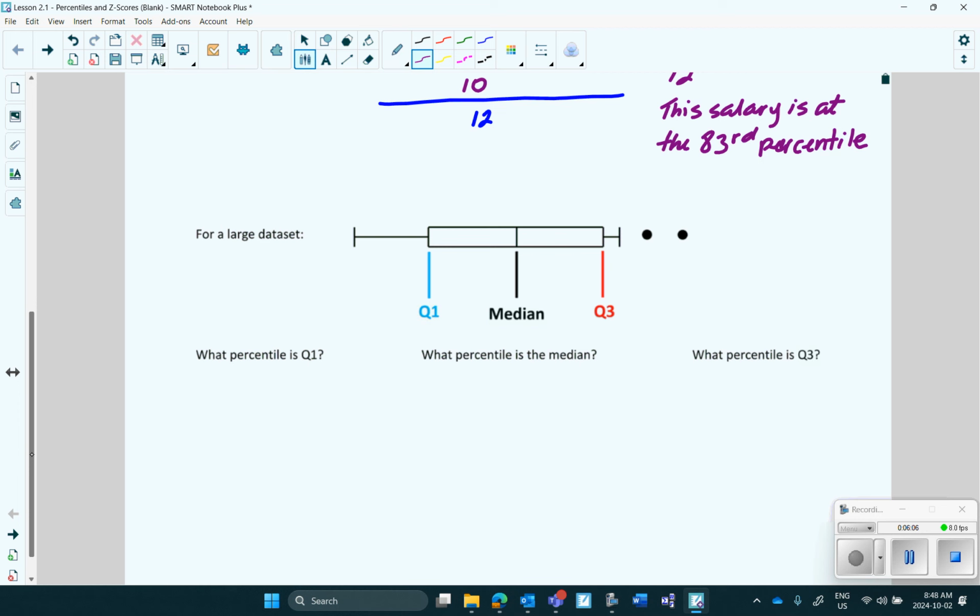So what percentile would Q1 be at? 25th, right? Because 25% of the data values are the same or below. So this would be the 25th percentile. And the median? 50th. And Q3? 75th. Good.